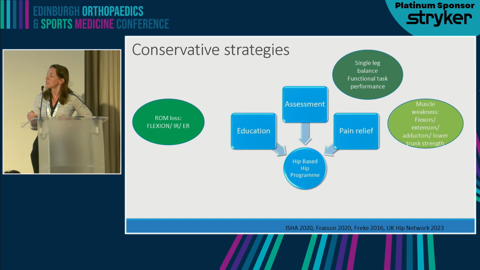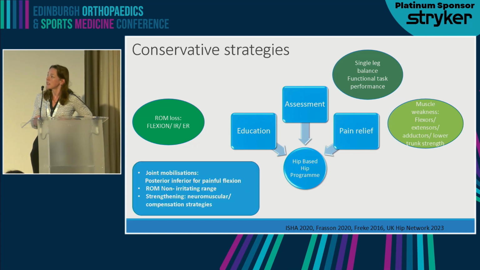And in doing so, developing a hip-based programme. And that programme should include things like joint mobilisation, so they recommend posterior, inferior mobs for painful flexion, range of movement exercises in a non-irritating range, and strengthening, looking at neuromuscular and compensation strategies.